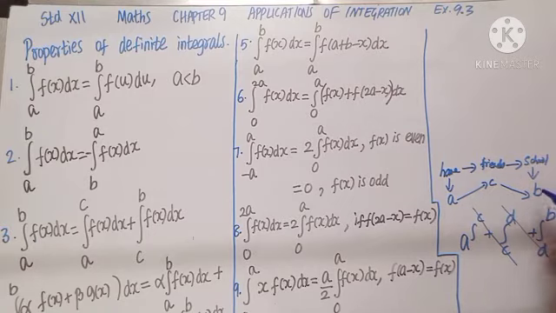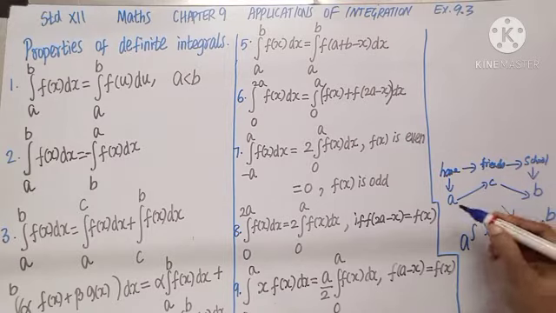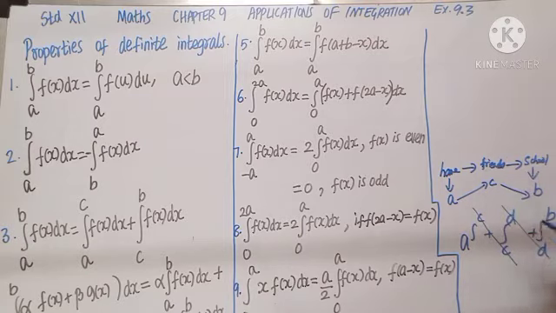So my starting and ending I do not change. In between, I can have stops: a to c, c to d, d to b. Not just 2, however many I want I can introduce, provided the number that I take is in between a and b. So c should belong to the interval ab.